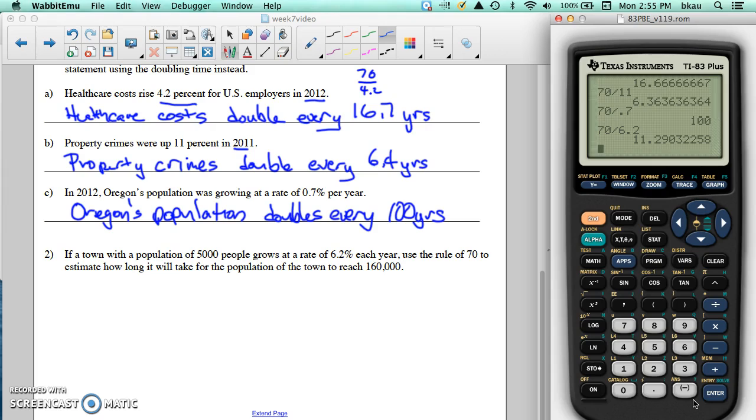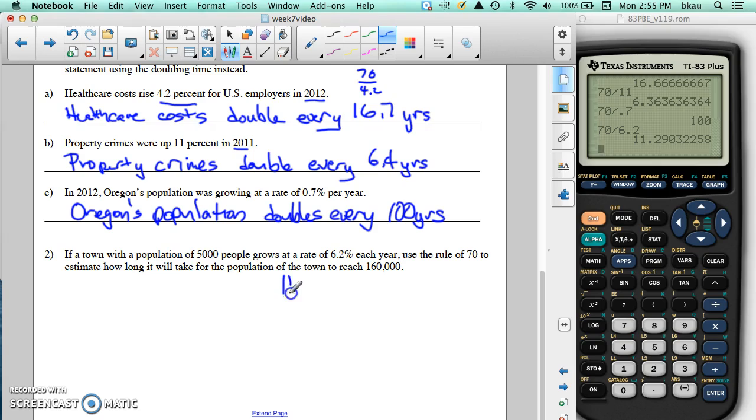We get 11.29 years to double. Then 5,000 is our starting amount, so we're going to get to 10,000 in 11.29 years. It doubles, then it doubles again.